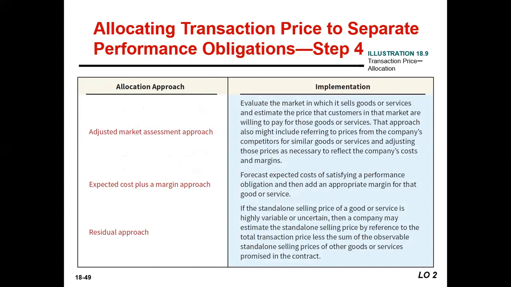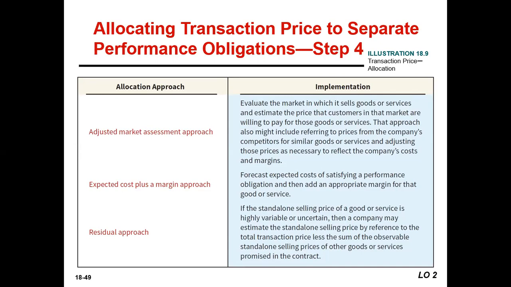That approach also might include referring to prices from the company's competitors for similar goods or services and adjusting those prices as necessary to reflect the company's cost and margins. So under the expected cost plus a margin approach, forecast expected costs of satisfying a performance obligation and then add an appropriate margin for that good or service.